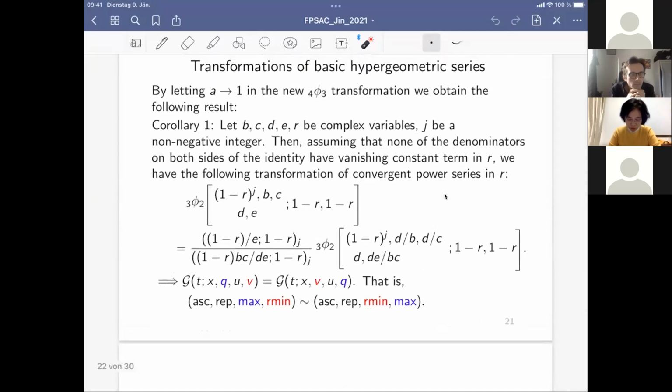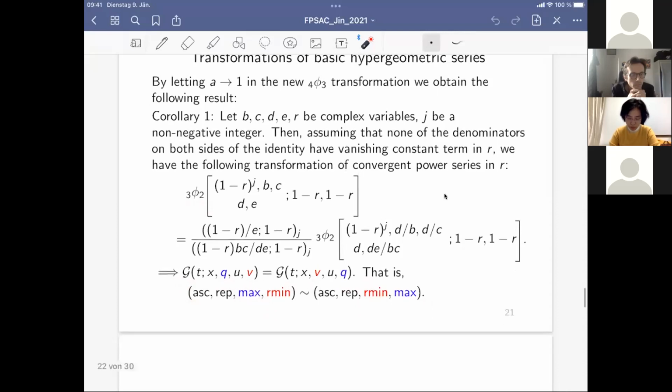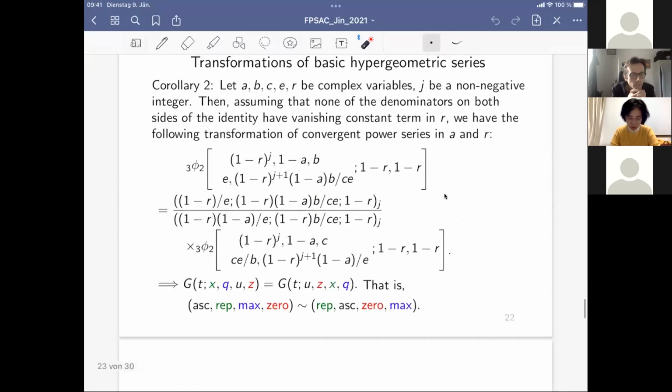The first corollary is a non-terminating transformation on 3φ2 series. And this will give an analytic proof of the symmetric property of this generating function. So max and R-min is symmetric. And the second corollary is again a non-terminating transformation of 3φ2 series. And with this, we can prove the bisymmetric property on ascent sequences.